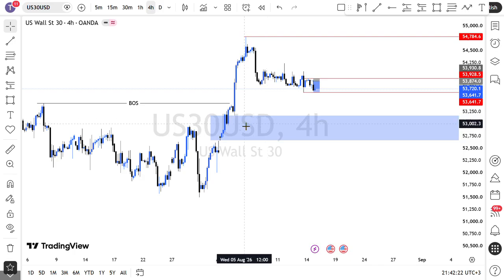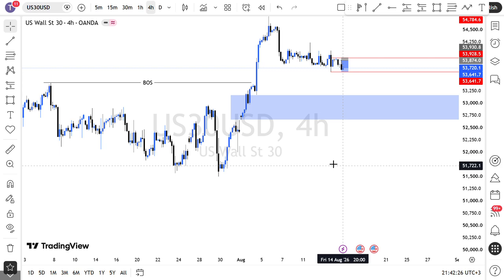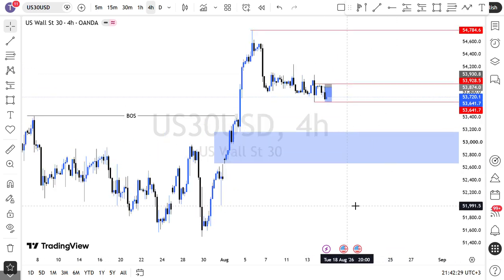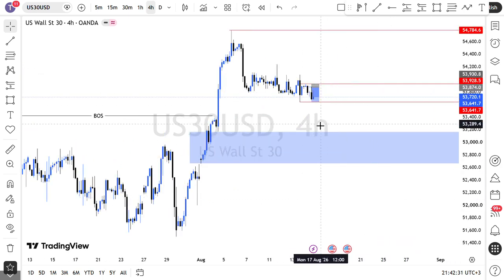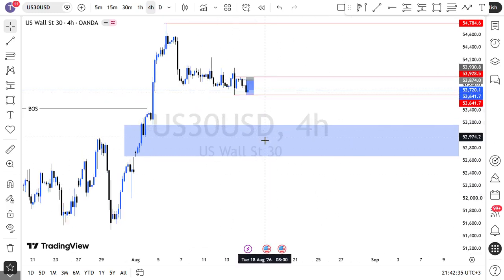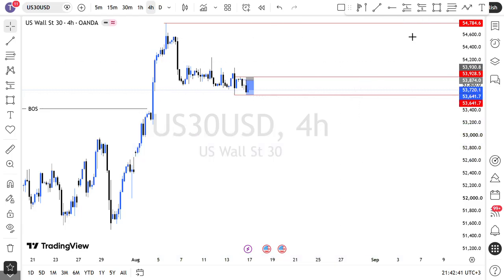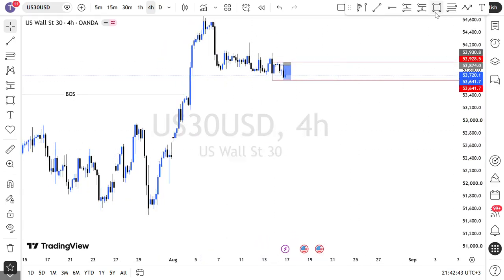So this is my best point of interest that I have on US30, and right now I'm looking for sales this area, and then after price comes into this area, we try to look for buying opportunities from this point to the upside. And then we also have price leaving behind a very good gap.